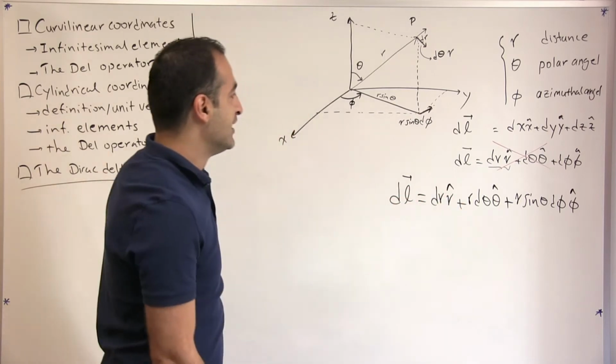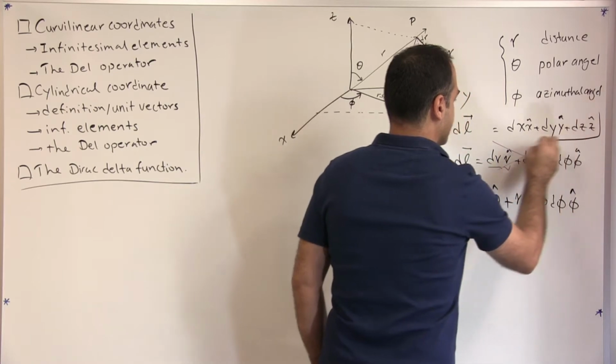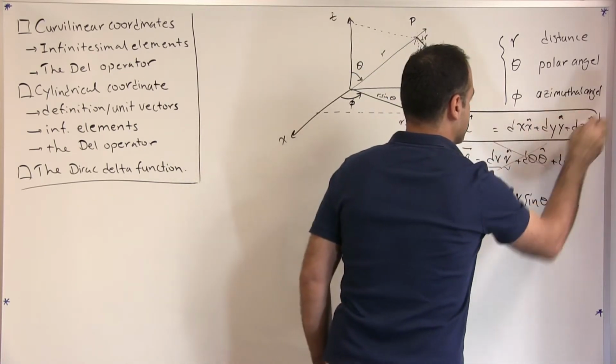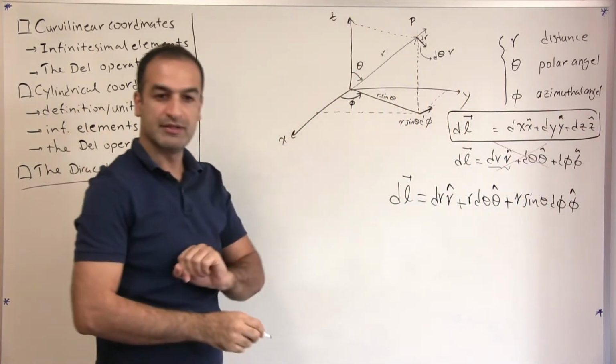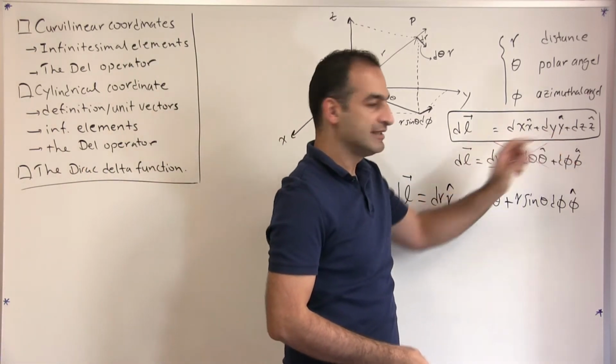For the Cartesian coordinate, we said we have this combination that defines infinitesimal displacement: dx in x hat, dy in y hat, and dz in z hat.